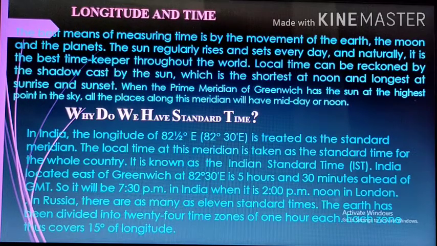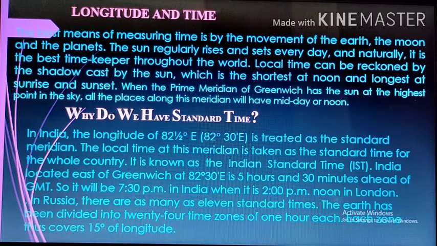Thus, when it is 12 noon at Greenwich, the time at 15 degrees east of Greenwich will be 15 into 4, which is equal to 60 minutes. That is 1 hour ahead of Greenwich time, which means 1 p.m. But at 15 degrees west of Greenwich, the time will be behind Greenwich time by 1 hour, that is, it will be 11 a.m. Similarly, at 180 degrees, it will be midnight when it is 12 noon at Greenwich.